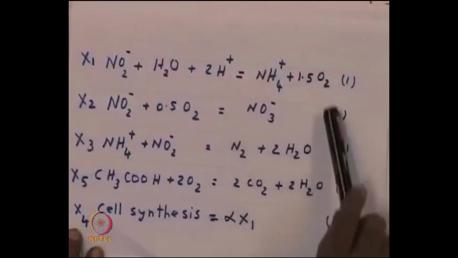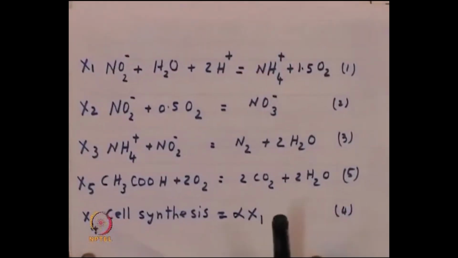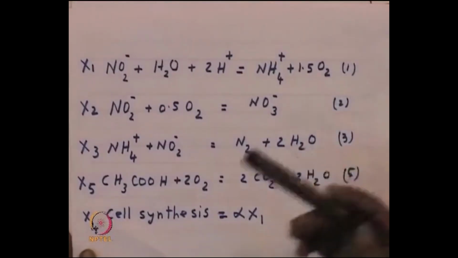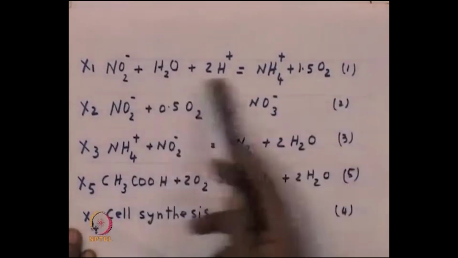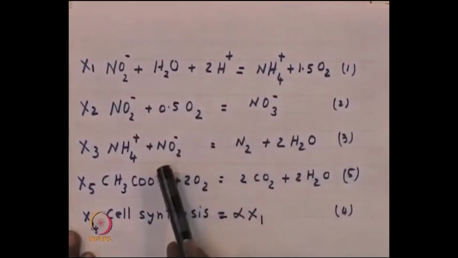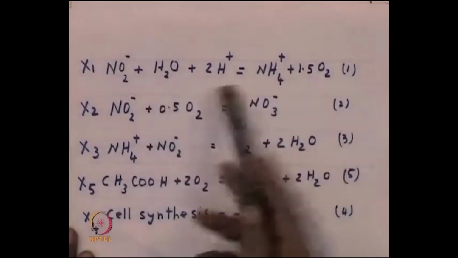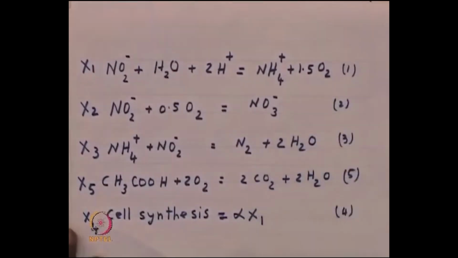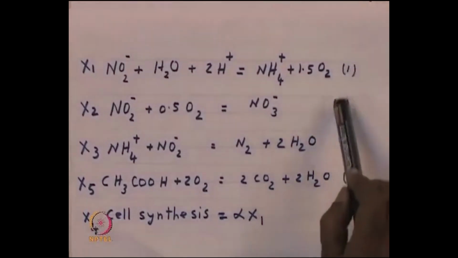Now, we have said that these 5 reactions are what is taking place, reaction 1, 2, 3, 4, 5. There is an energy, delta H, delta free energy of formation for each of these reactions, and similarly standard heats of formation and all that, so that you can calculate the delta H for all these reactions. What is the energy required for this reaction, or how much energy is released by these reactions.